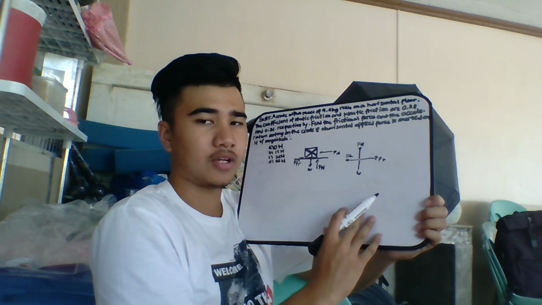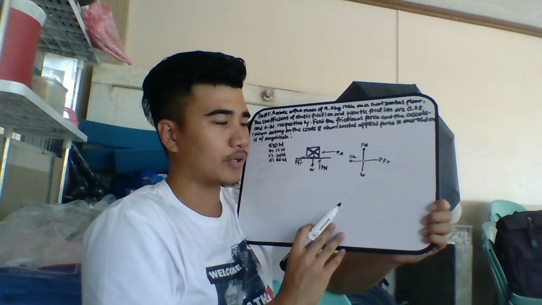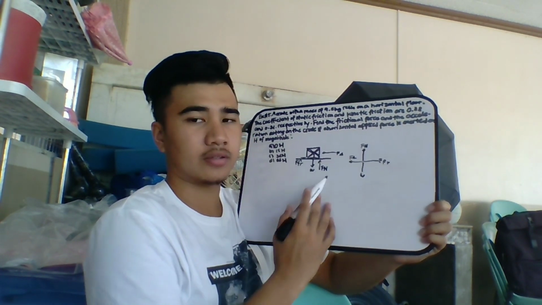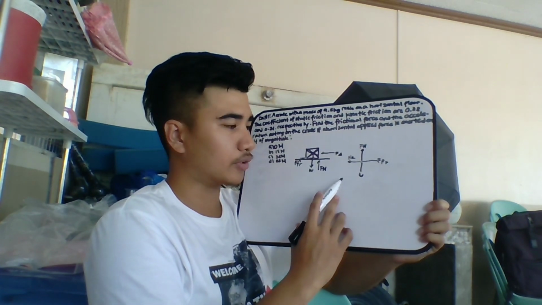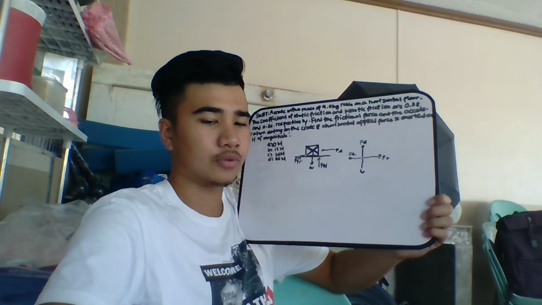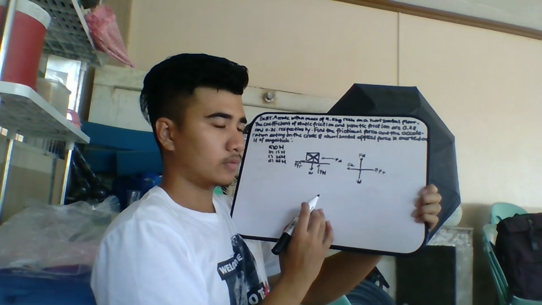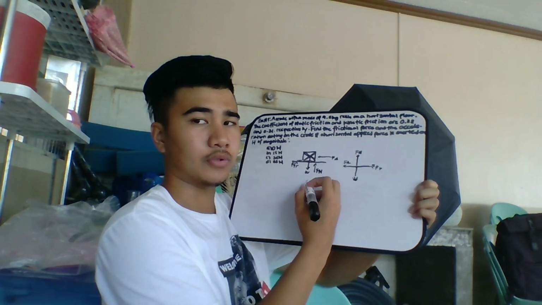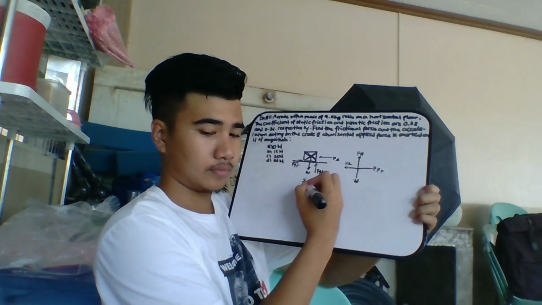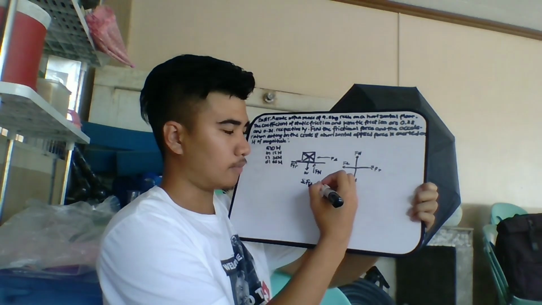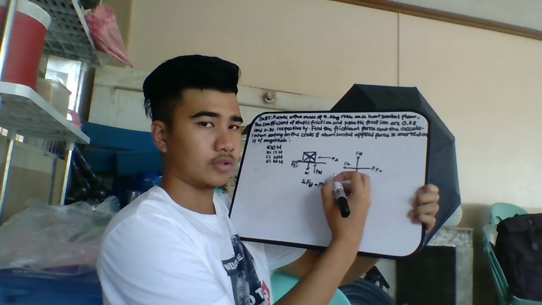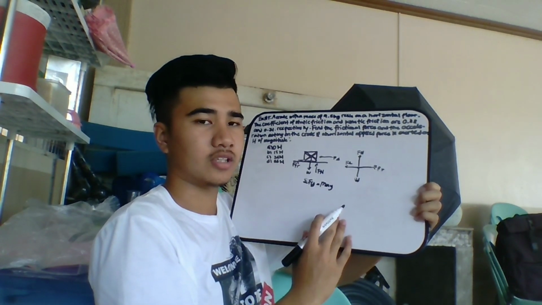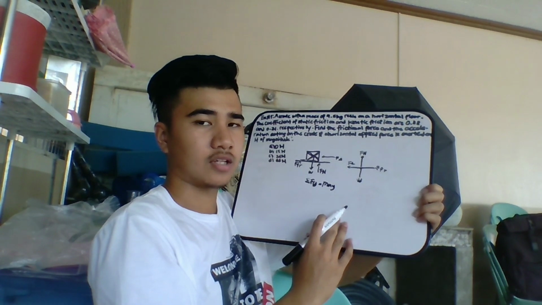So in this problem, we are asked to find the frictional force and the acceleration na nag-act dun sa crate. And for that, to solve for the frictional force, kailangan alam muna natin yung normal force. We have to solve first for the normal force by second law of motion at y. We have mass times acceleration at y. Wala tayong motion sa vertical component kasi hindi naman nagkaroon ng acceleration pataas or pababa.